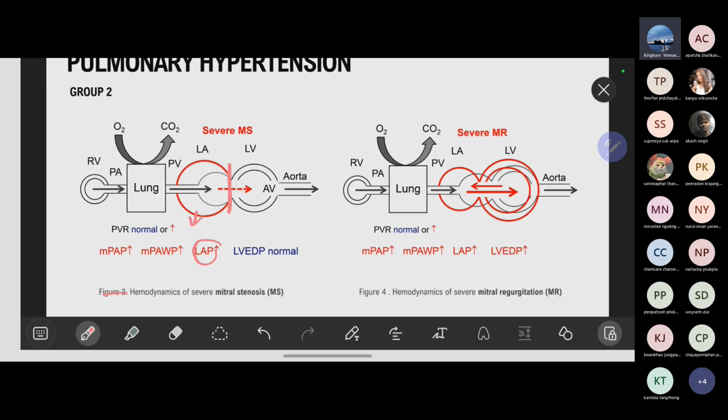The LA is enlarged, and then pressure is transmitted backward to the pulmonary vein and leads to an increase in mean pulmonary artery pressure. In long-standing MS, PVR may increase.